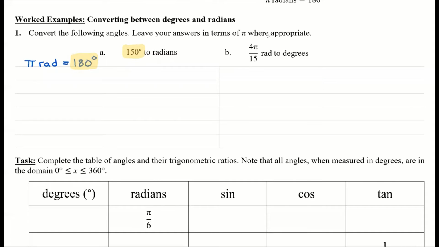Now, the way to do that, of course, if I'm going to work on 150 degrees, is to divide both sides by 180. If I divide both sides by 180, the number to scale it down, that means I'm going to have pi over 180 radians is equal to 1 degree.